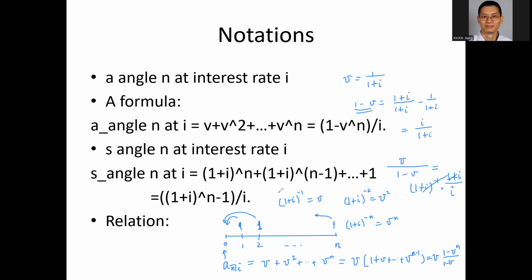So the formula is this: 1 minus v to the n divided by i. The formula I like to use is 1 minus 1 plus i to the negative n over i. So this is A sub n angle i.